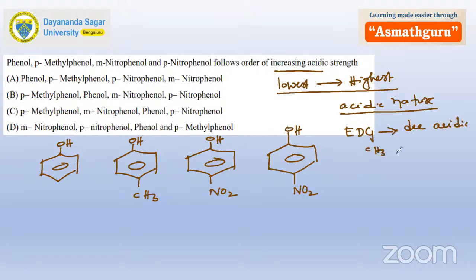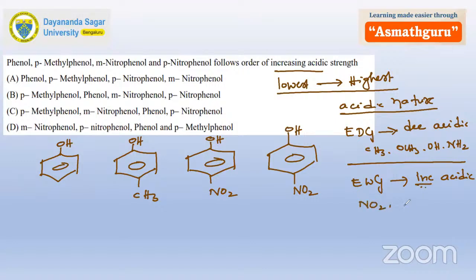I already told you: CH3, OCH3, OH, NH2. These all decrease acidic nature. So electron withdrawing groups increase acidic nature. Which are withdrawing groups? NO2, CN, halogens. These are withdrawing groups. They increase acidic nature.